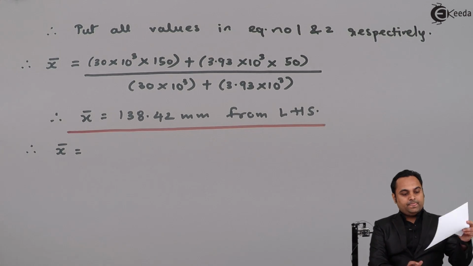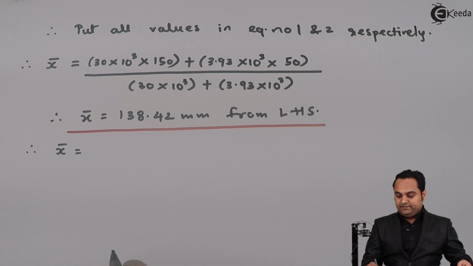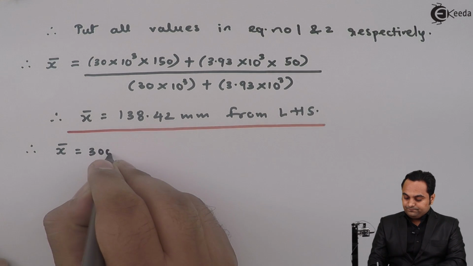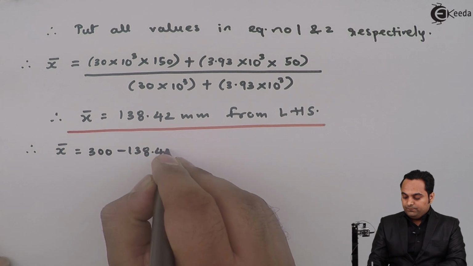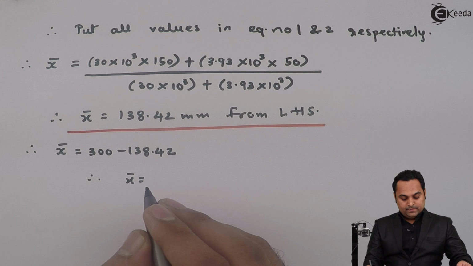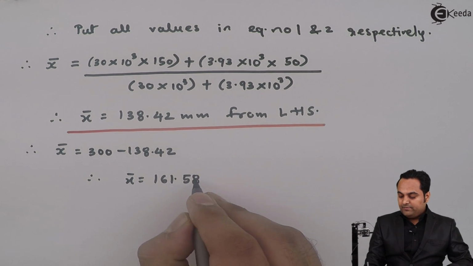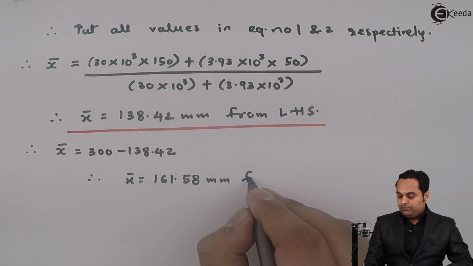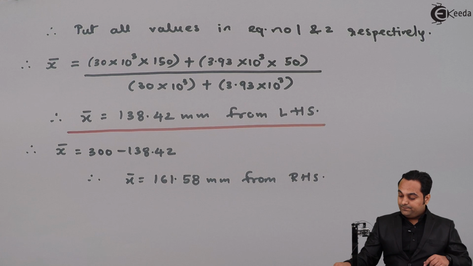For that, from total, that is 300, I will be subtracting 138.42. So therefore I'll get x bar as 161.58 mm from RHS, that is right hand side.